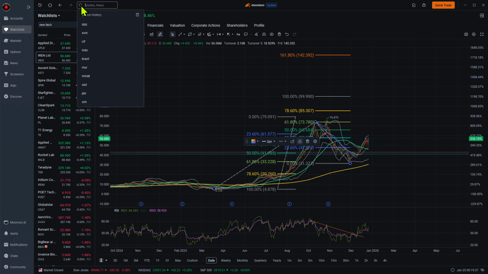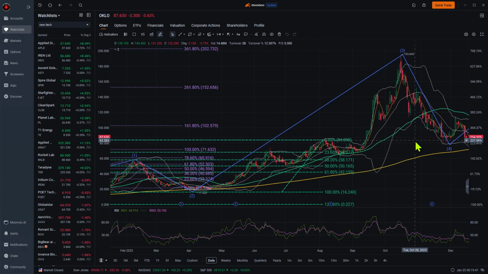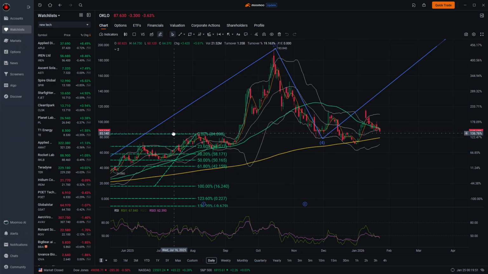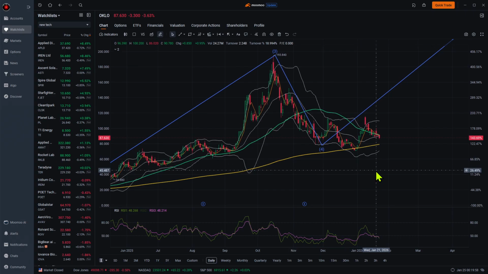Oklo. Think I can erase that. Oklo's a strange chart because it's in no man's land. Below the 50, below the 18.